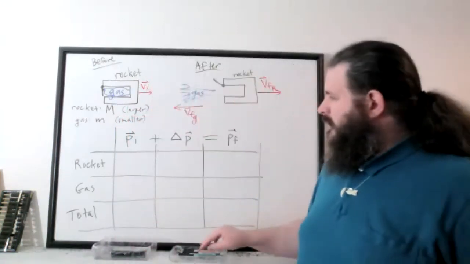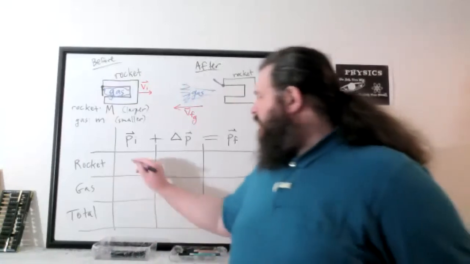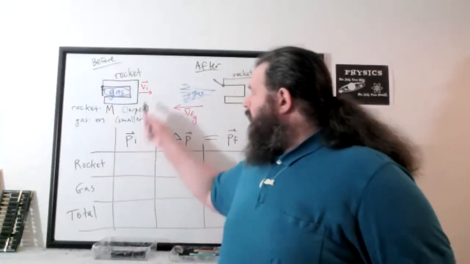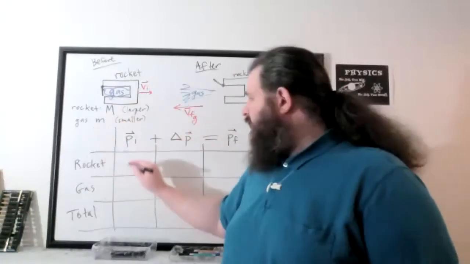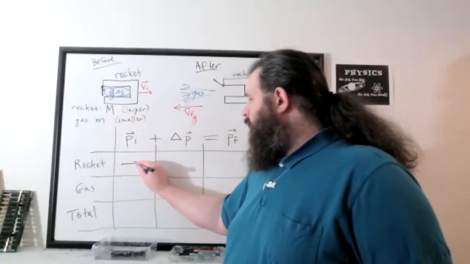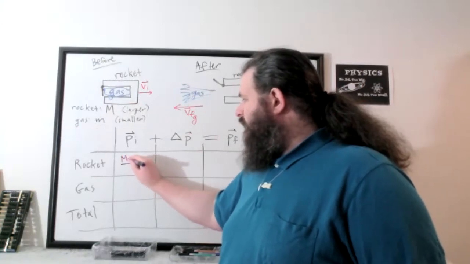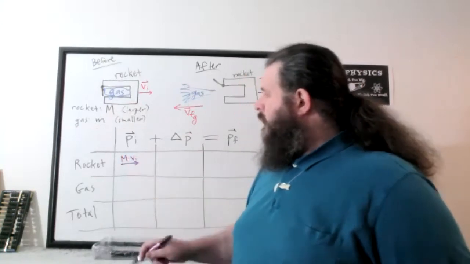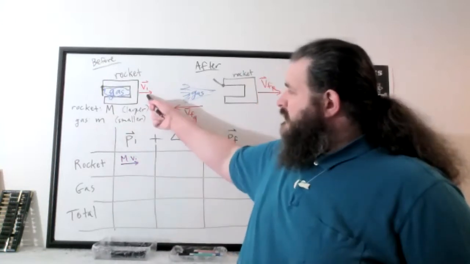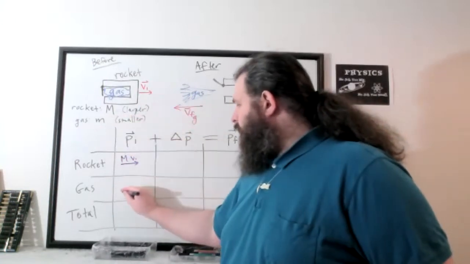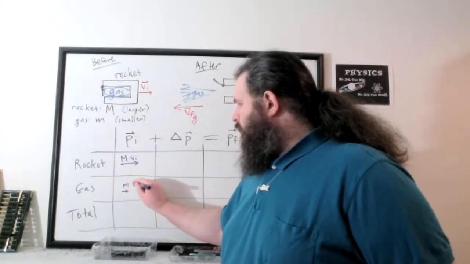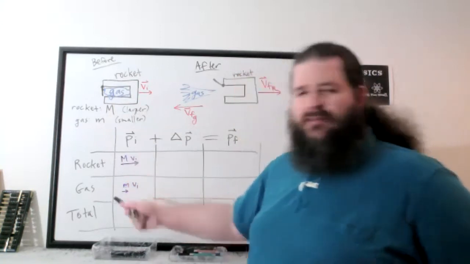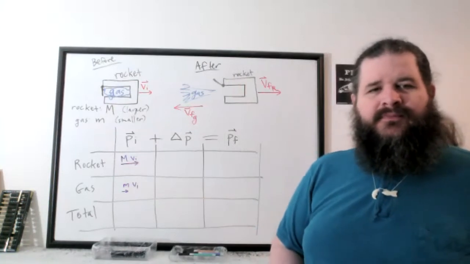That way, when we actually draw this out, the rocket is going at a very slow speed times a large mass, so this is the medium big M times V initial. And then the gas, same initial velocity times a smaller mass, so that'll be a smaller arrow pointing in the same direction.